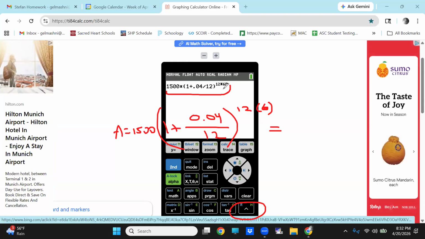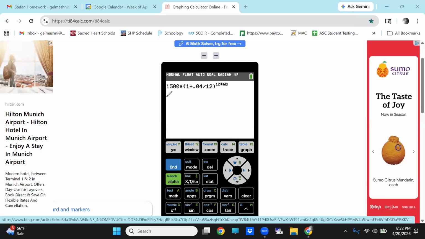Is it 16:35? No. Okay, hold on one second. Just type it in like I have it. I can walk you through step by step if I need to. Do you have 1500? Yes. You have times, then parentheses, 1 plus 0.04/12.